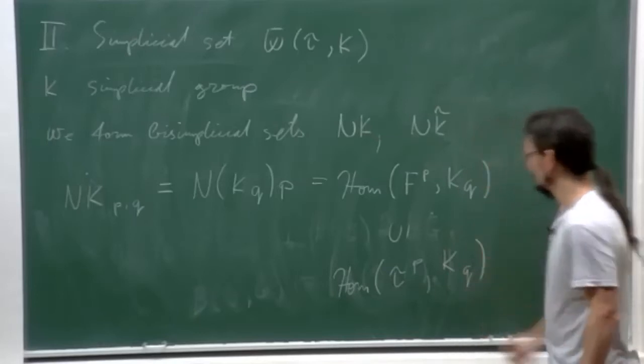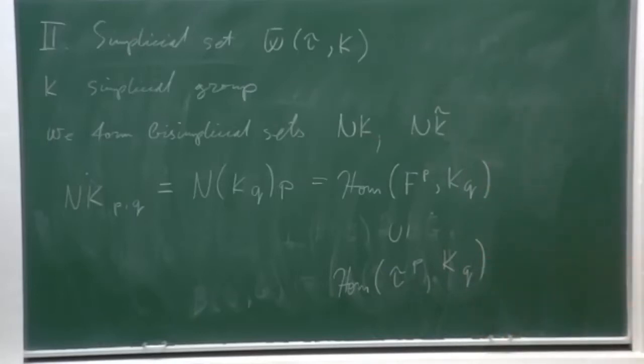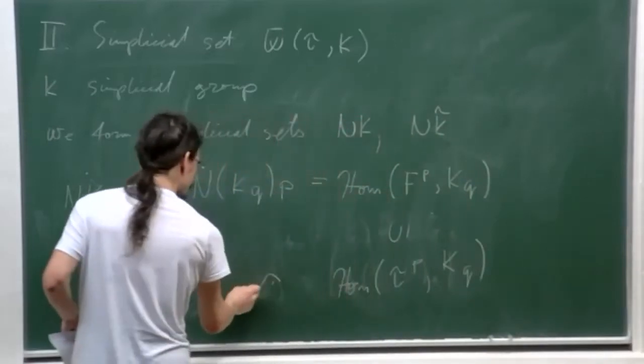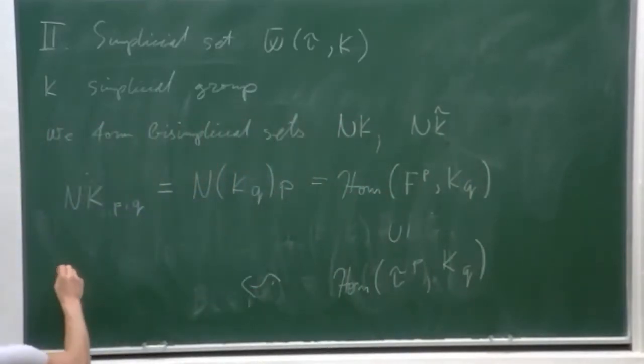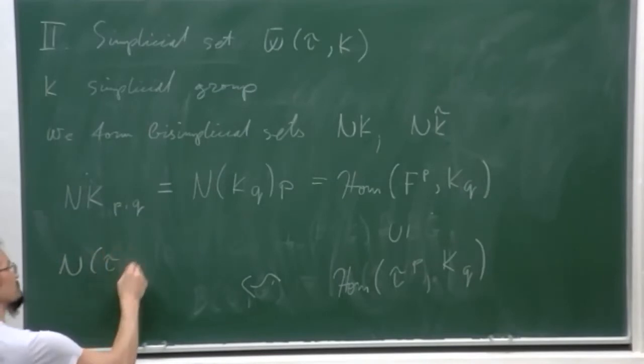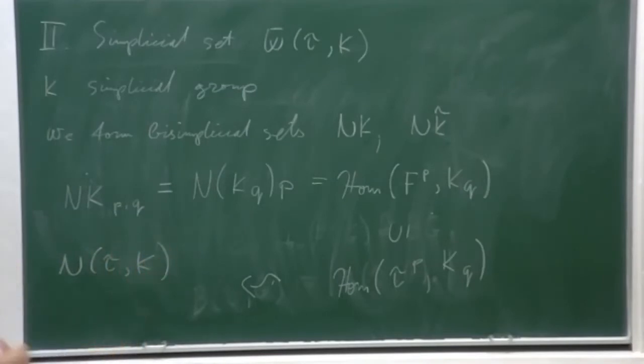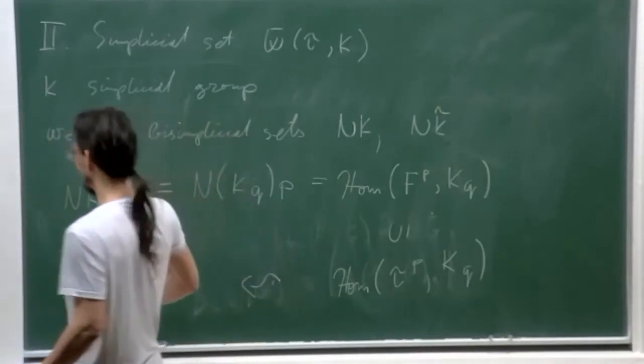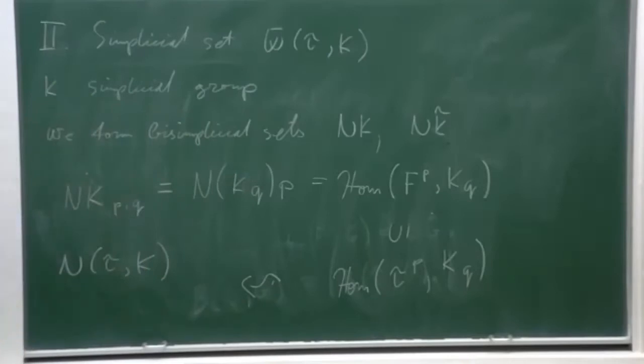You can look at this subobject. So this is going to give us the bisimplicial set N tau K. As far as constructing the object goes, I've got a bisimplicial set, I'm going to take the homotopy co-limit and that's going to be my object. Then of course you're like, okay, but how does it work? So let's talk about that.